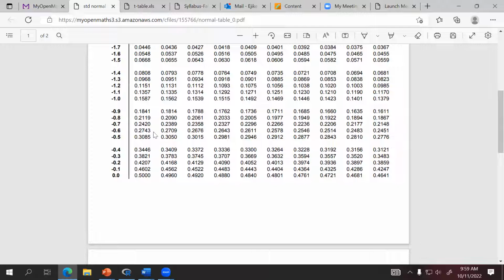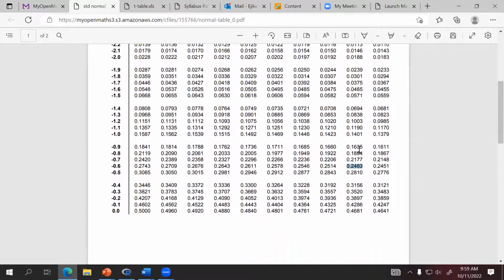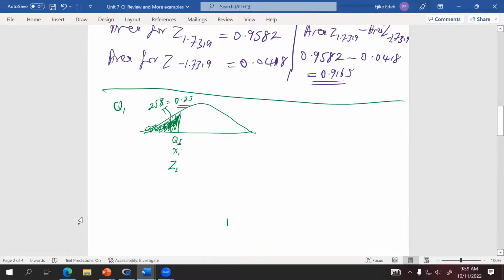Actually, I have to go to the next column here. So this is 0.25 here, but it's more. This is the closest. It's lower. So we are picking a Z value of negative 0.6 under the column of 8. So we have negative 0.68 as the Z value associated with that area of Q1.